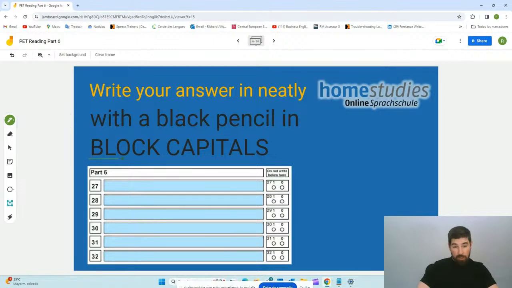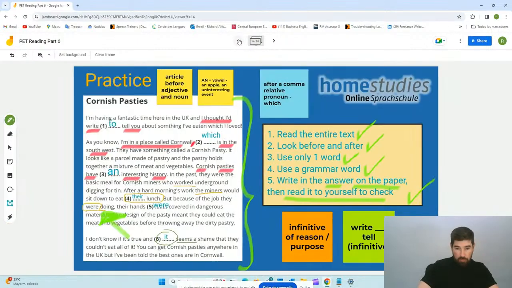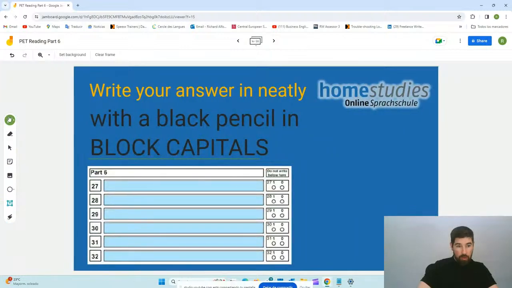It needs to be in block capitals. So our first answer was 2. Now we're going to write that in block capitals. Not joined up writing, separated. Write nice and clear so the examiner can understand what you've written. You will lose a mark if the examiner can't read what you've written.